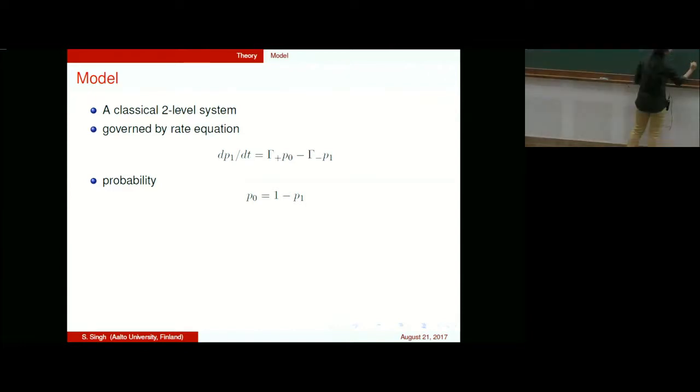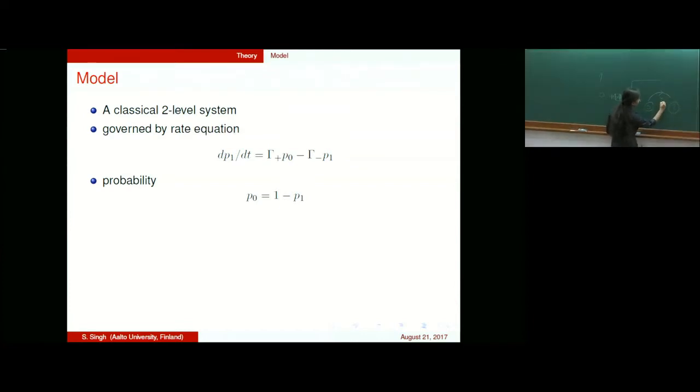Let's say I have two states, and the rate of going from here to here is gamma plus, and this one is gamma minus. If I want to see the evolution of the probability of being in this state, it's the summation over all the channels through which it can come to this state.